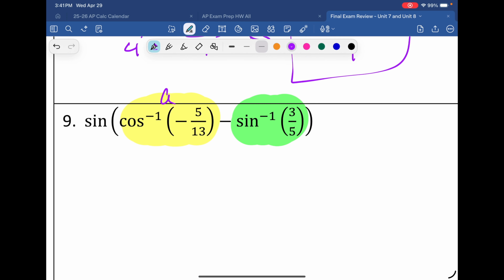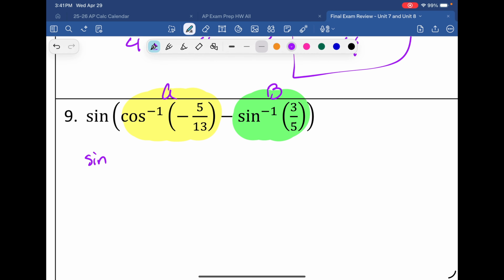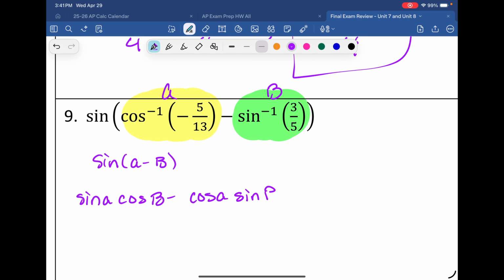So that is your beta. So I really have sine of alpha minus beta, which there's a formula for: sine alpha cosine beta minus cosine alpha sine beta.